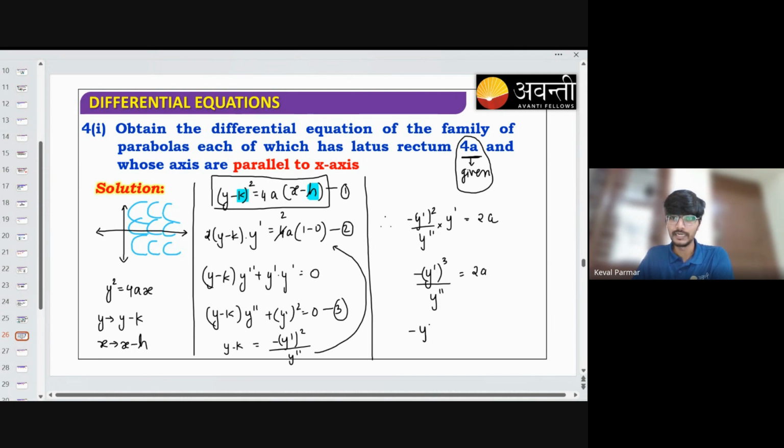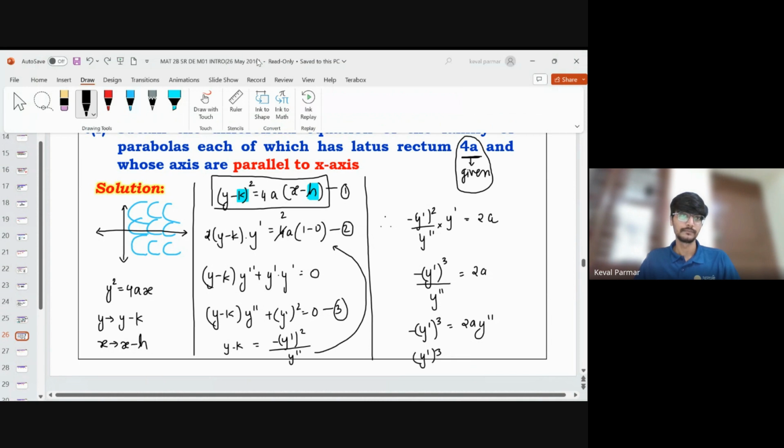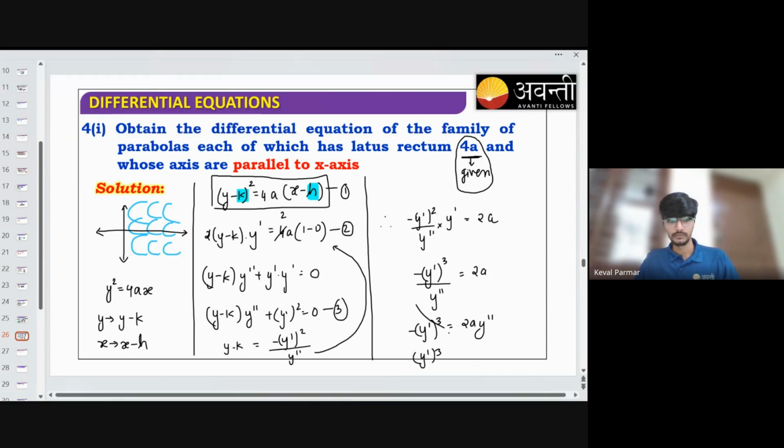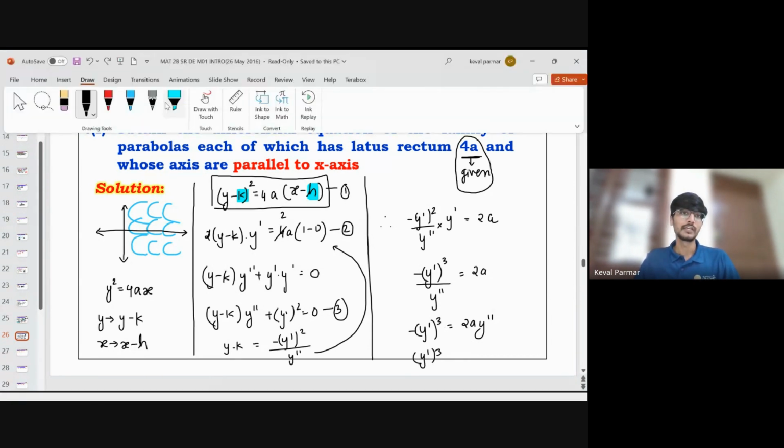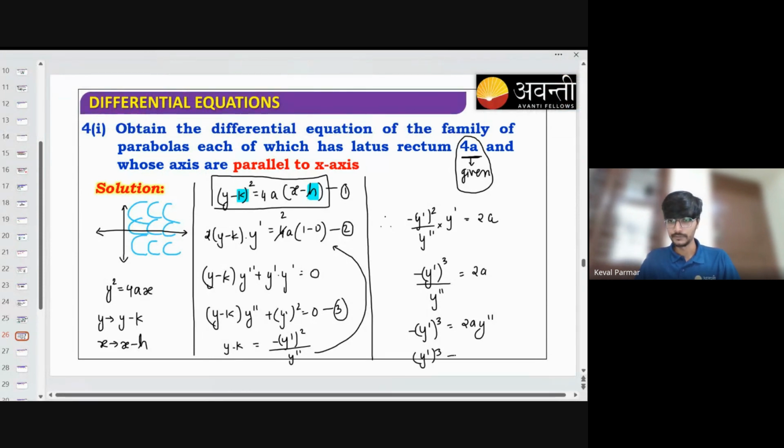So minus y dash cube is equals to 2a y double dash. Shift everything to the right, so what will we get? y dash cube plus 2a y double dash is equals to 0. There are no arbitrary quantities. There are no h and k. This is my answer. Got it?